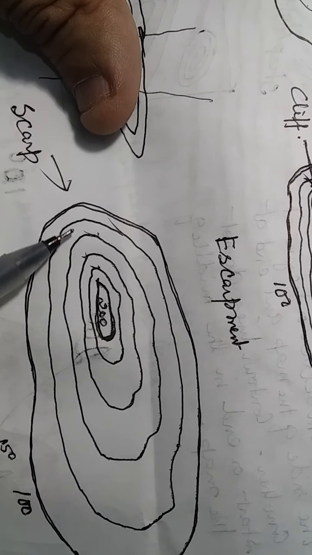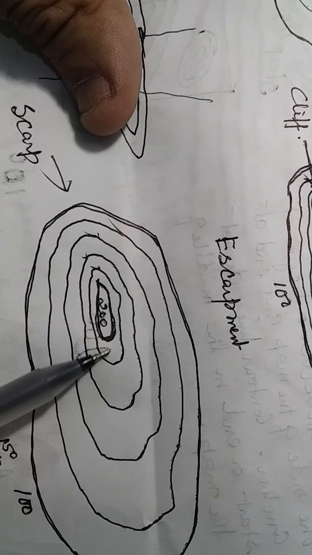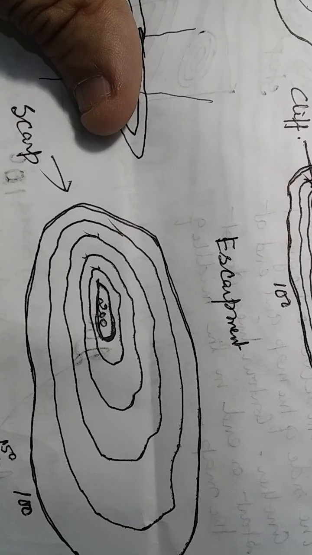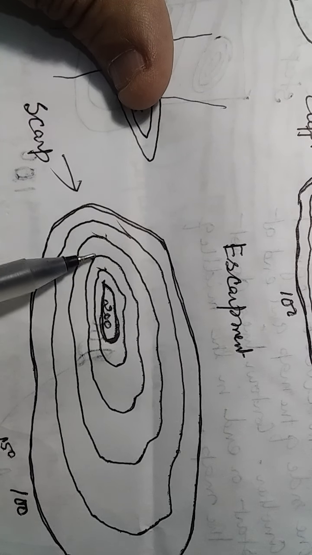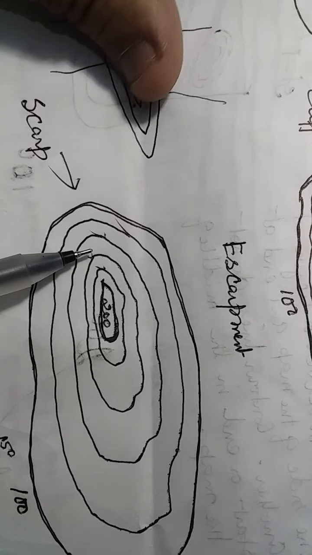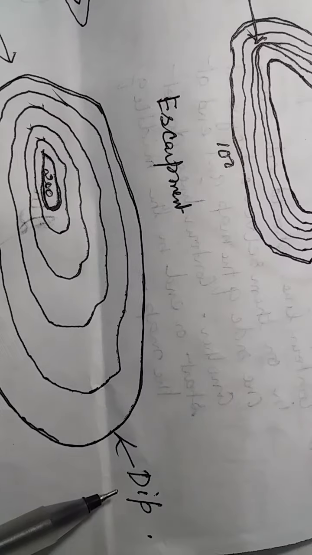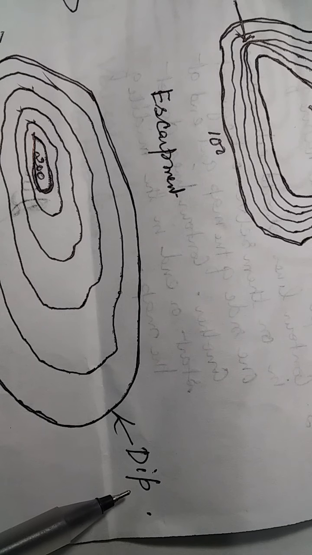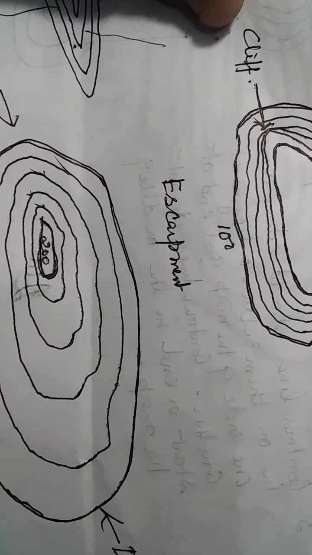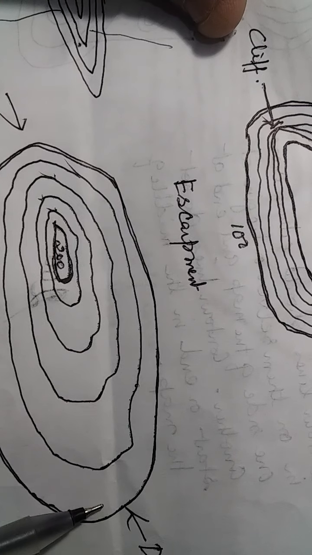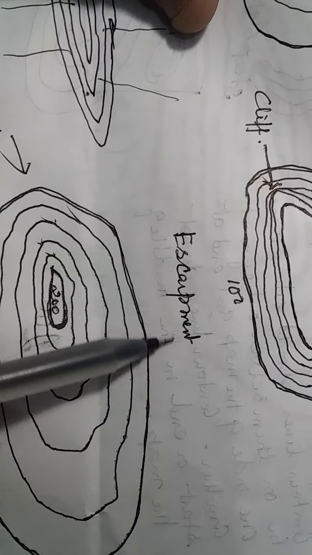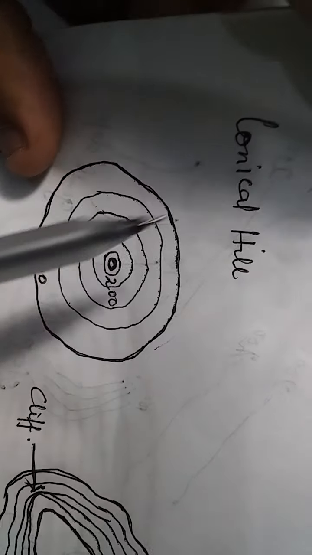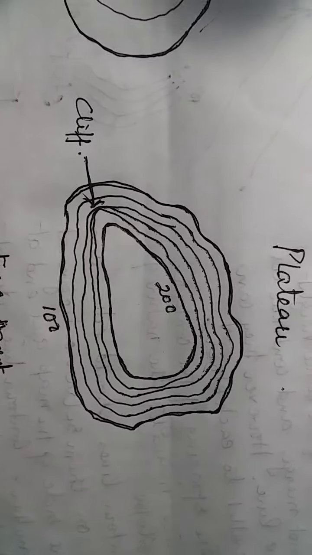That means this side it is steep and this side it is gentle. The steep side we call scarp. Scarp refers to steep slope, whereas the gentle slope is referred to as dip. So when you have a highland having one side gentle, another side steep, then we will call it an escarpment. We will not call it a conical hill. We will be referring to it as an escarpment.